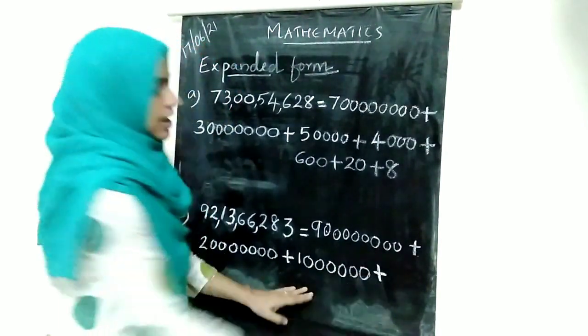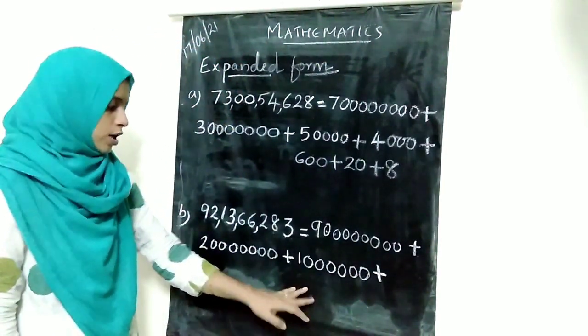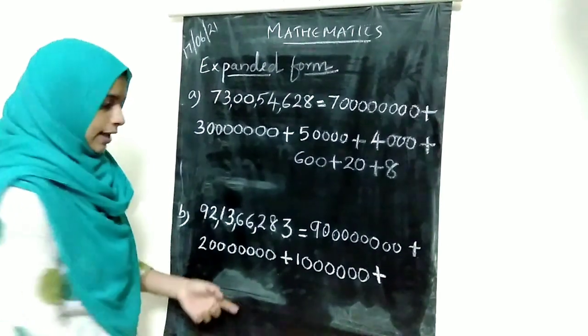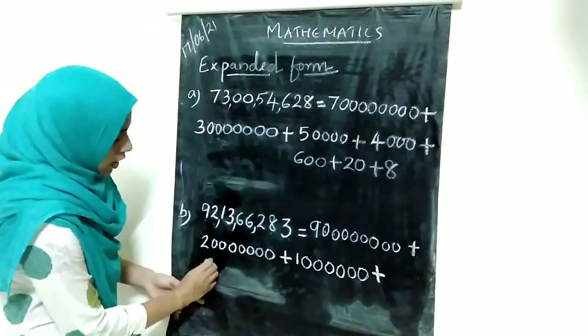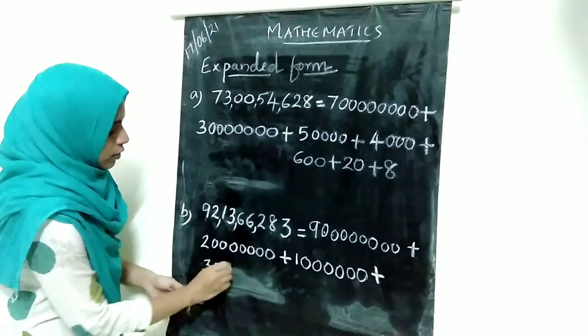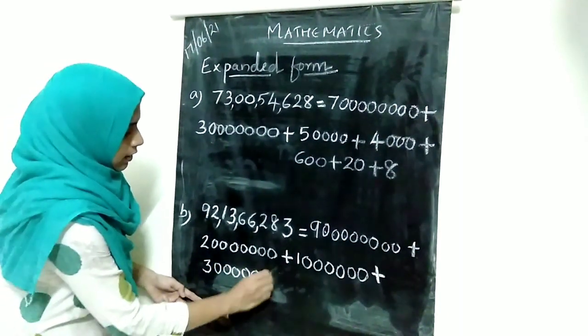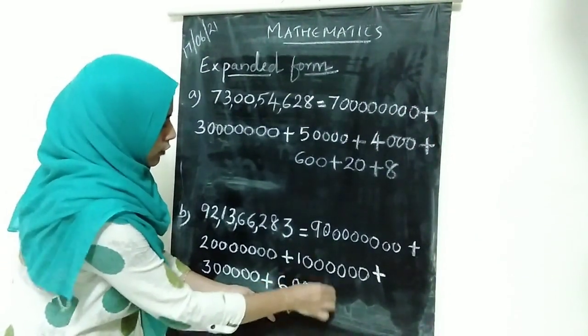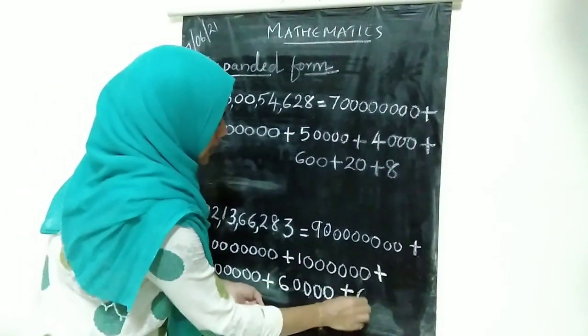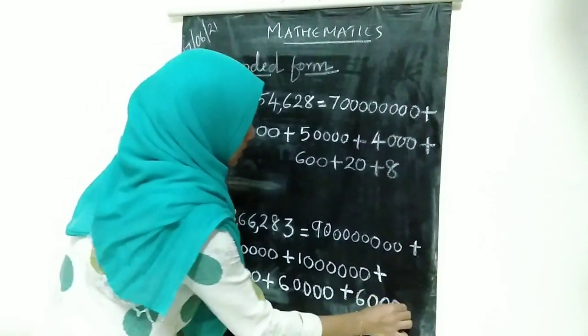Don't make mistakes. That's why I am saying you should count like that. Okay. So 6 zeros. Then 3 after 5 zeros. Then 6, 4 zeros. Again 6, 3 zeros.